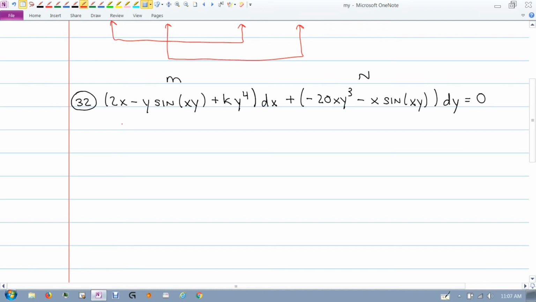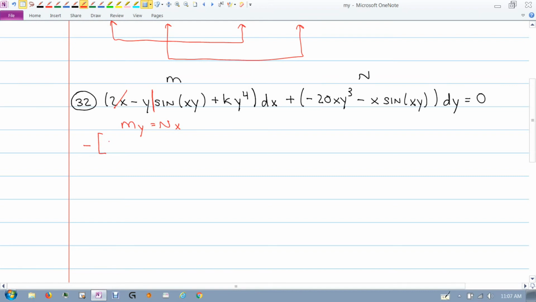Same thing from before. I need the partial of M with respect to y to be equal to the partial of N with respect to x. So the partial of M with respect to y is going to be, derivative of 2x is gone, and then here we have a product rule, and we have a minus out front, so I'm just going to do it this way: minus, now here comes my product rule.